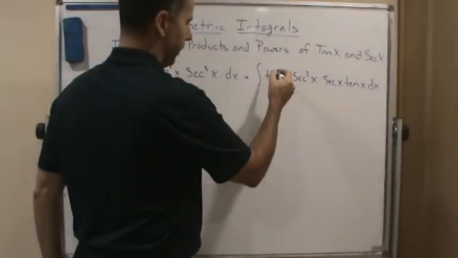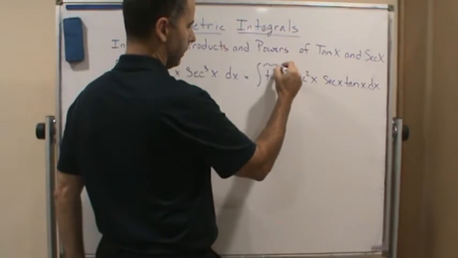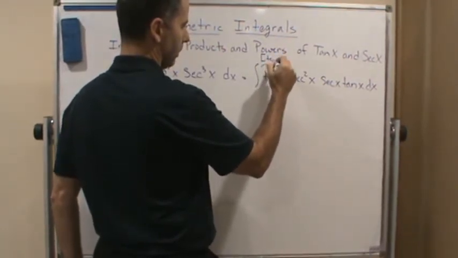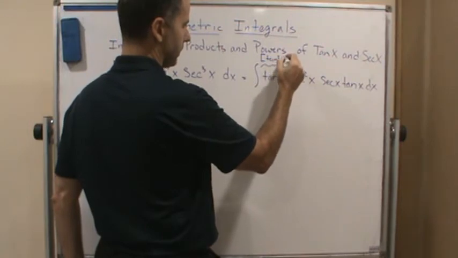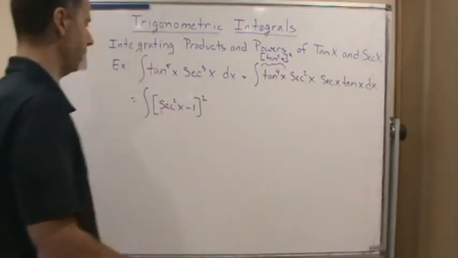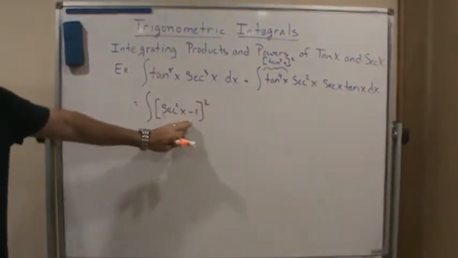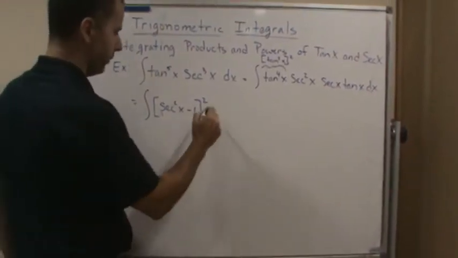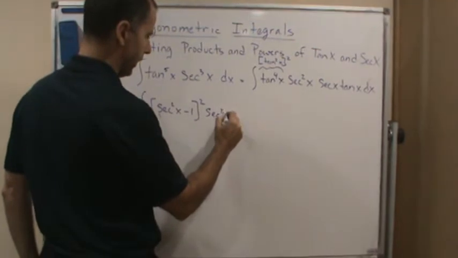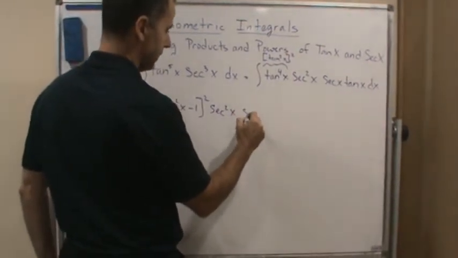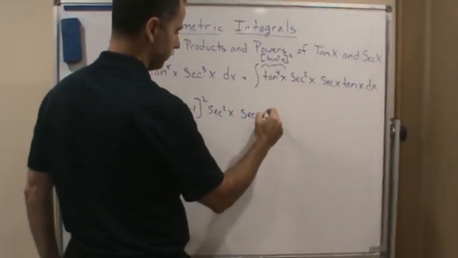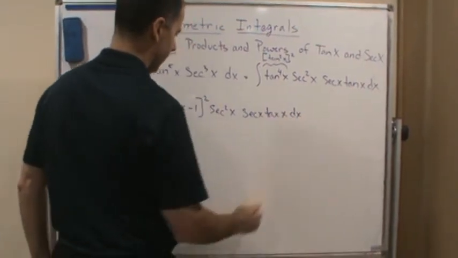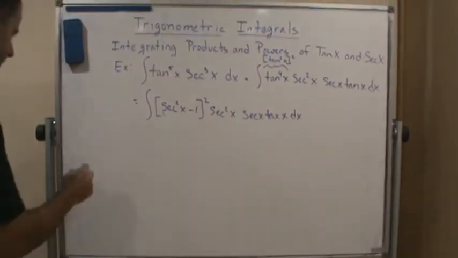Because remember, this is just tangent squared x squared. Okay? So that's what I'm doing. I'm just substituting for tangent squared x. And now this becomes secant squared x, and then we get secant tangent x dx. And now I can do my u substitution.